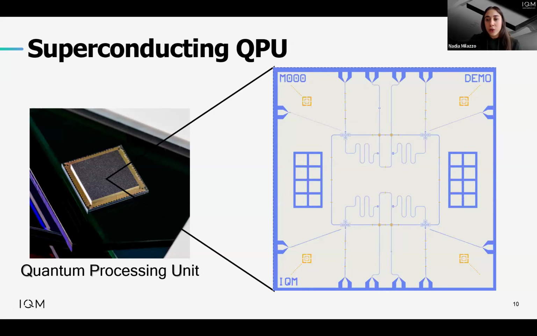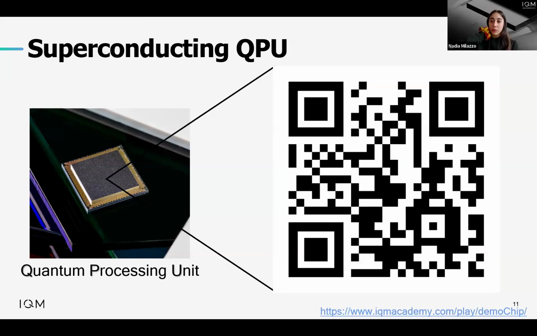So I encourage you now to go to this URL here at the bottom or scan the QR code. It should work, I hope. And also, if someone can please share this link in the chat, that would be awesome. Okay, it's already there. Thank you, Danny.